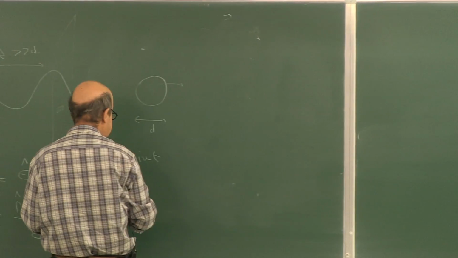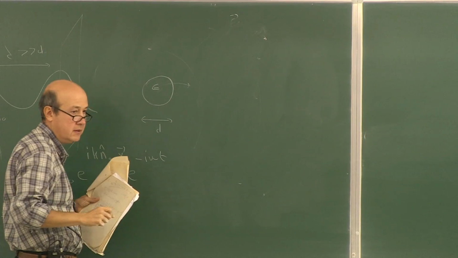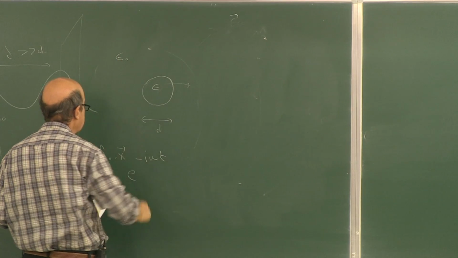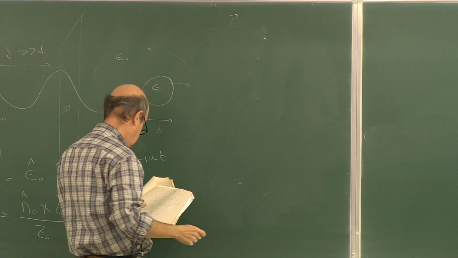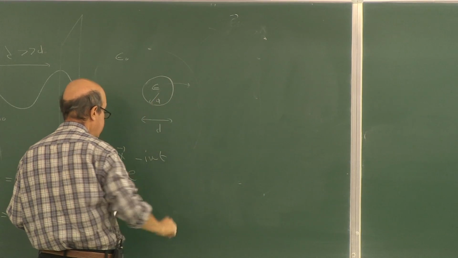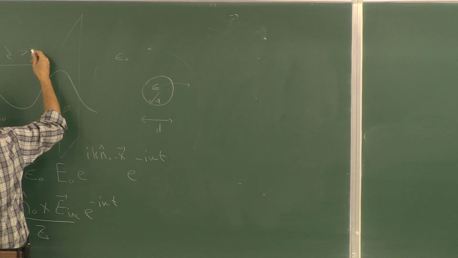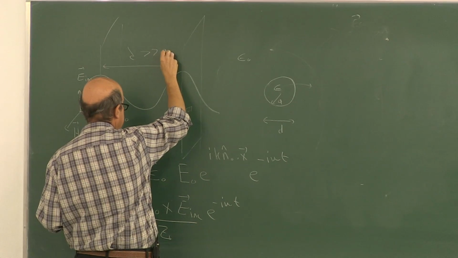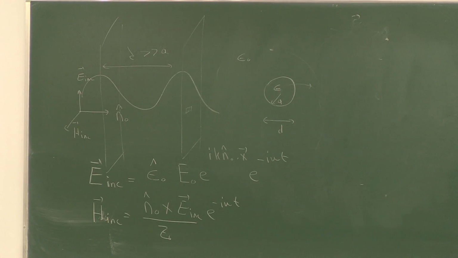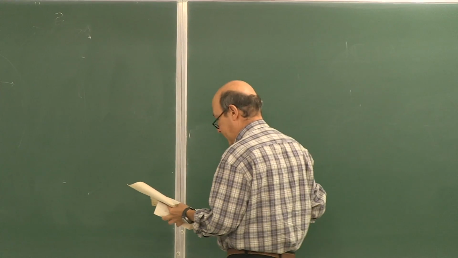In order to make a dielectric sphere, I will define a dielectric constant, some epsilon. So vacuum has the dielectric constant epsilon 0, and say that the radius of the sphere is a, and the wavelength lambda is much greater than the size of the scatterer.